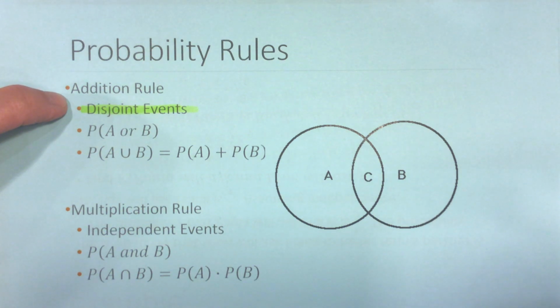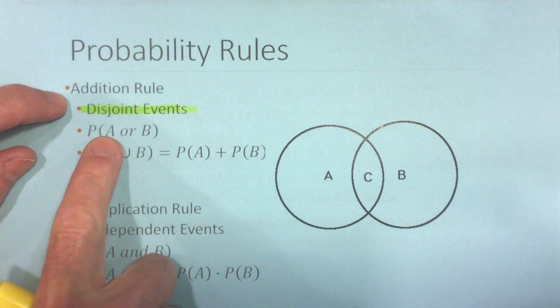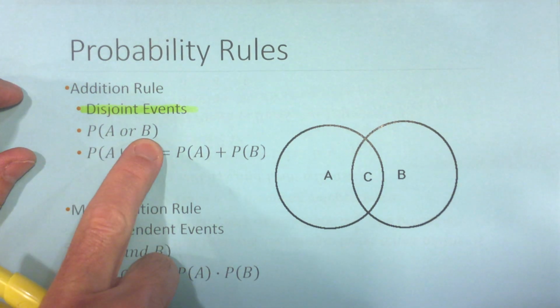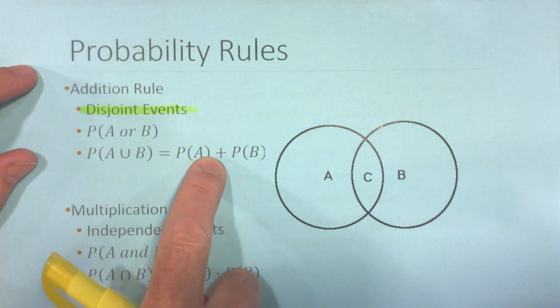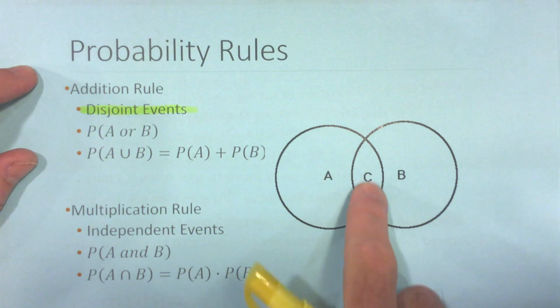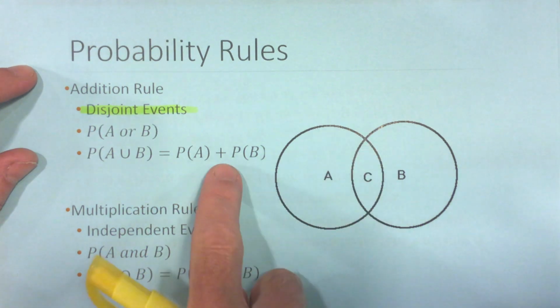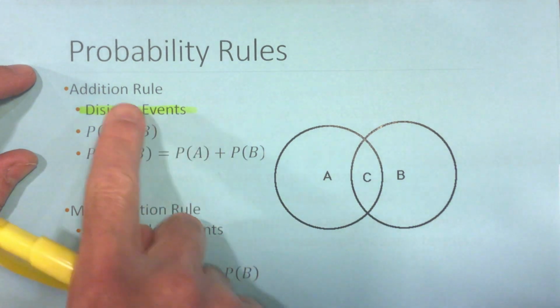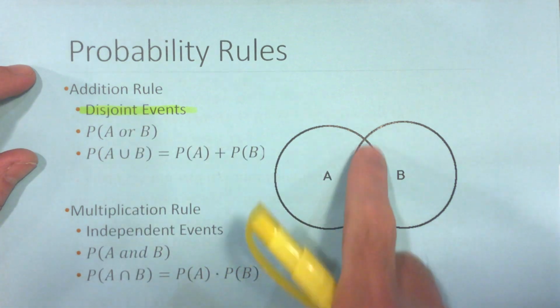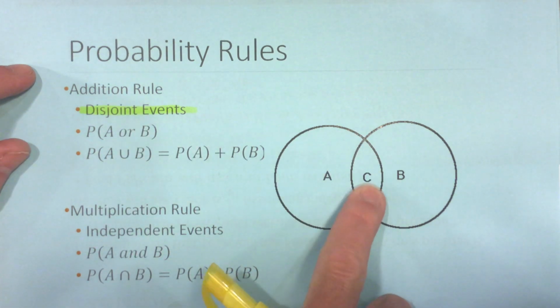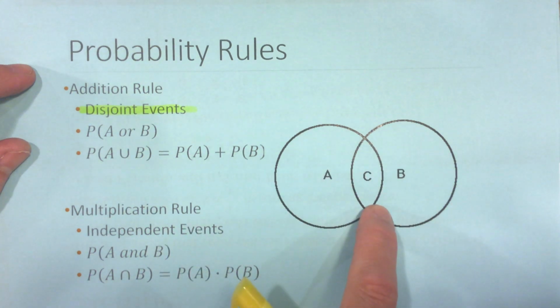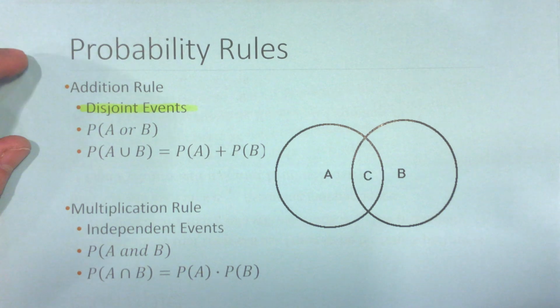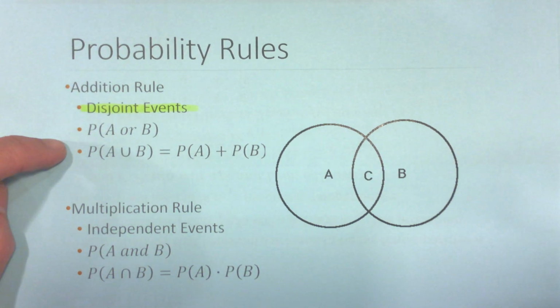If I ask what's the probability that event A or event B occurs, it's simply the union, the probability of A plus the probability of B. Notice, if there's anything overlapping, this will be untrue. So this will only work when I have no overlap, when this C area is 0. By the way, this is a Venn diagram, which is also very useful in probability. So this only works for disjoint events.